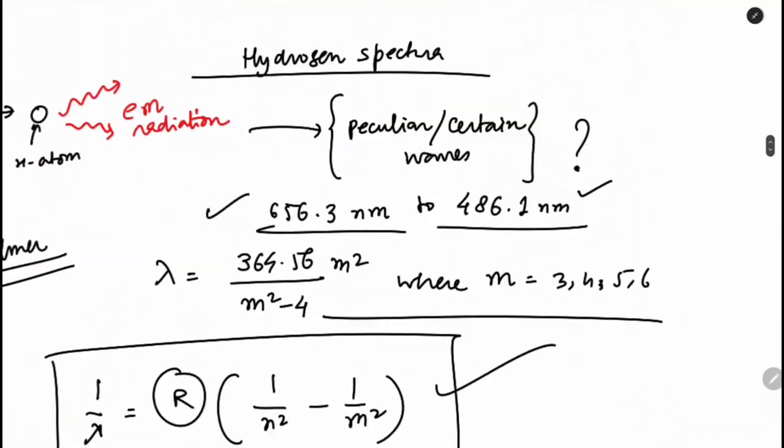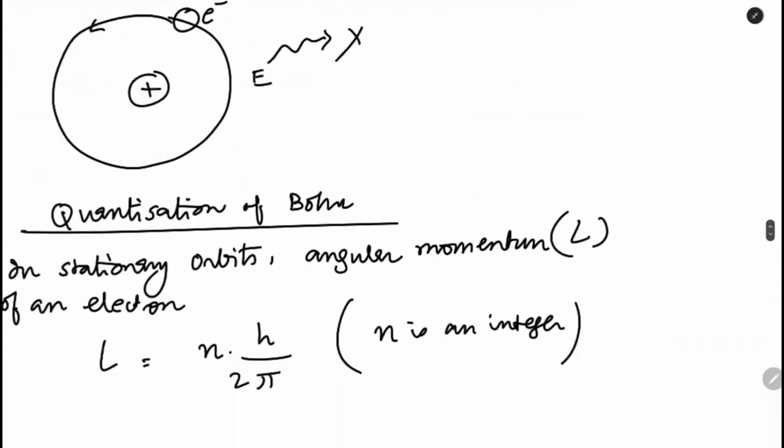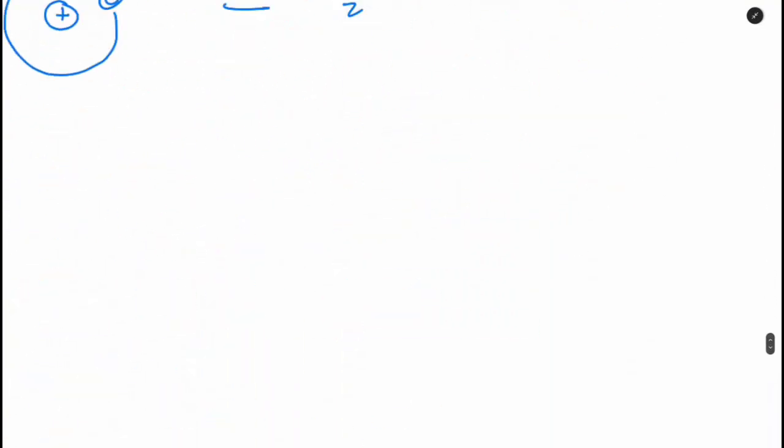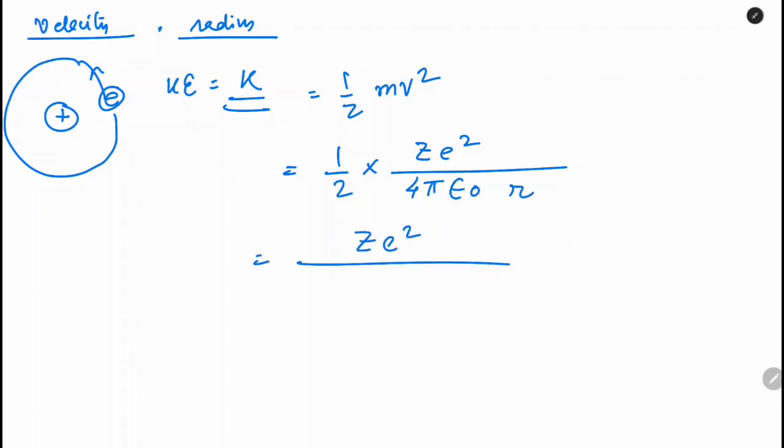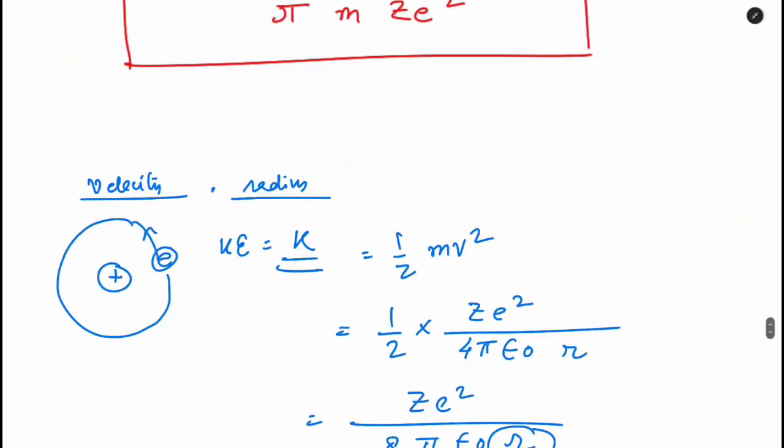So we will write this value here, and we will get half into Ze² divided by 4πε₀ into r, which comes as Ze² divided by 8πε₀ into r. Okay, and just now we have found the new value of r.